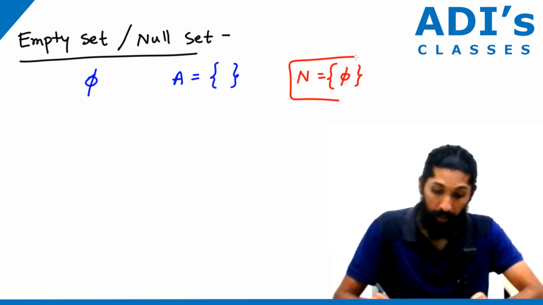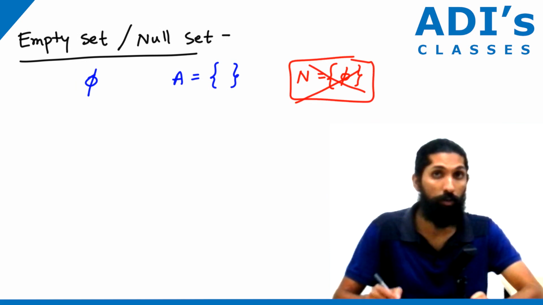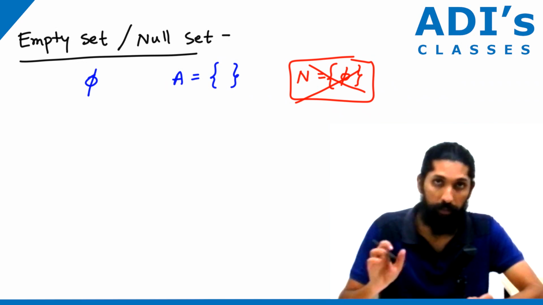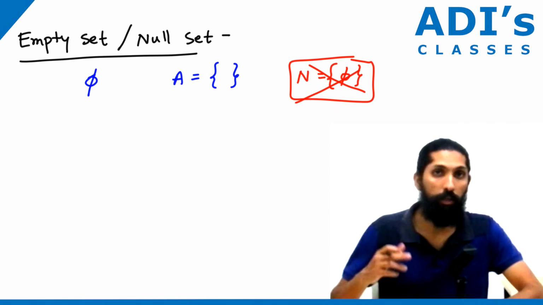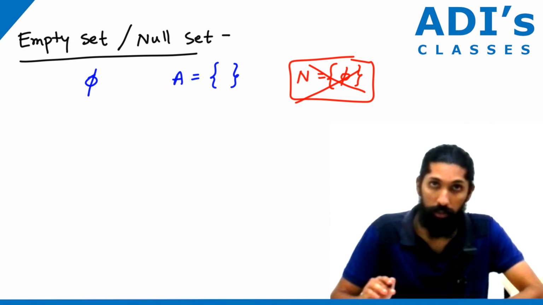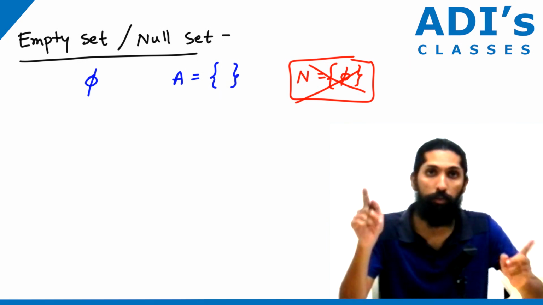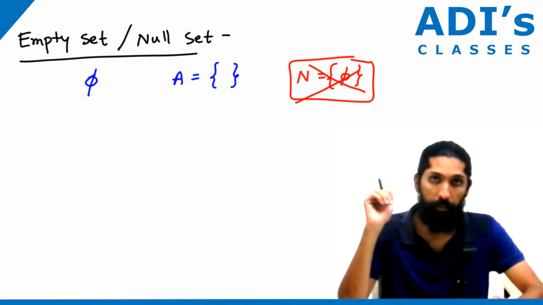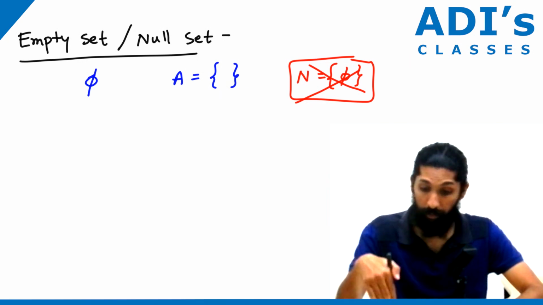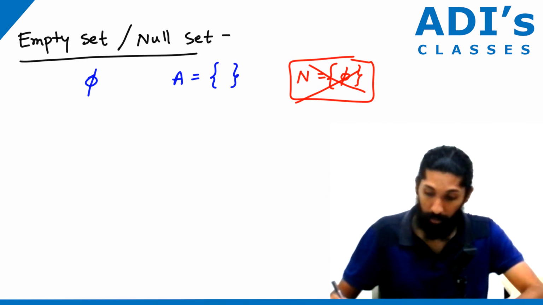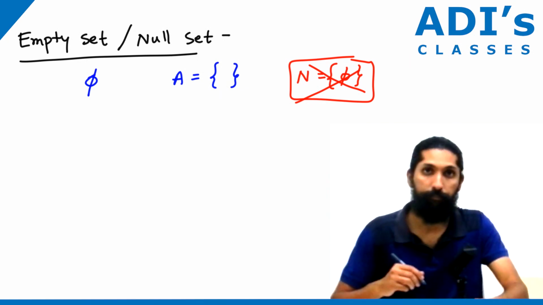This is a wrong notation for an empty set, or a null set. You should never use this. You can write just phi, or you can write two flower brackets, an empty bracket. Never write it the other way. That is a wrong way of representing a null set.